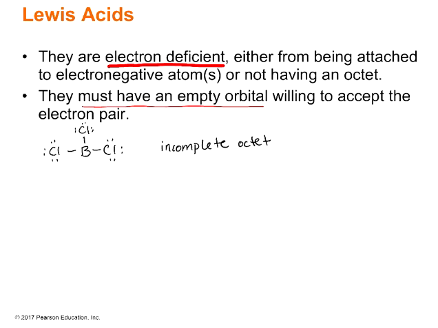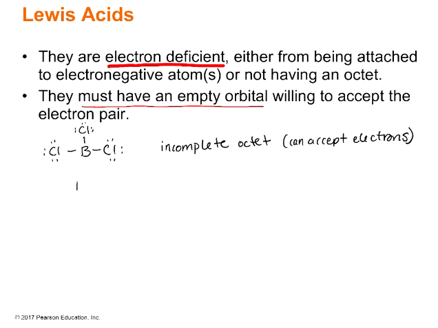But what's great about that is boron can take on 2 more electrons. So even though boron's happy with 6, it can have 8 electrons. So it would be a Lewis acid in this situation.